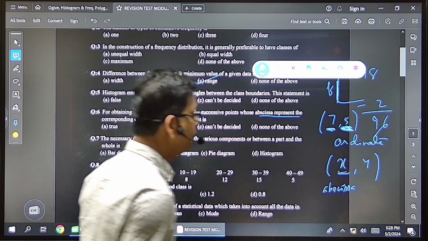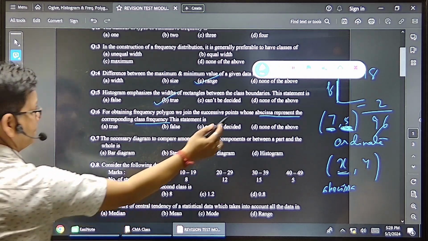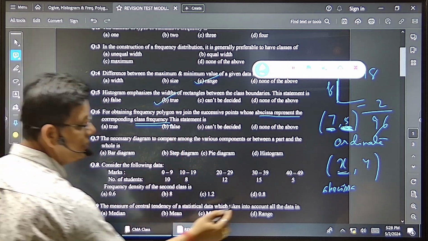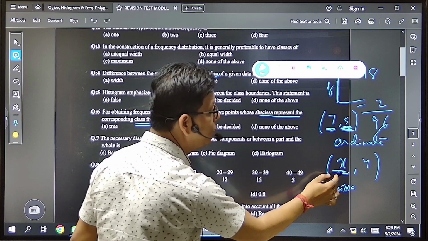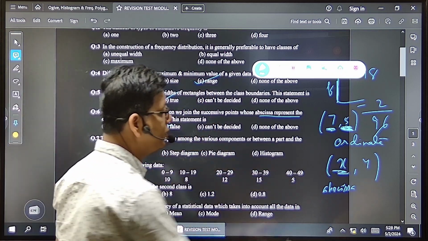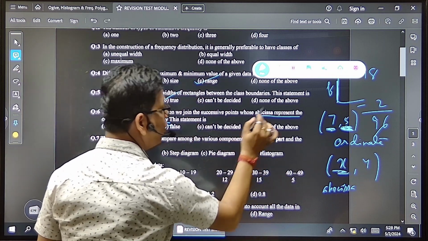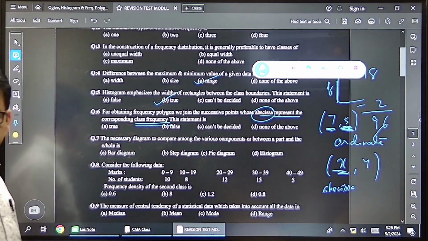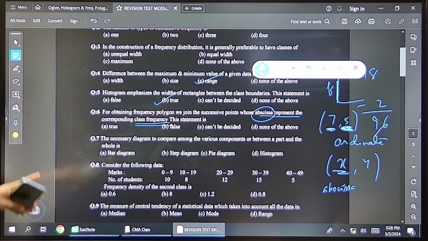So they said the abscissa represents the frequency, which is wrong. It should be that the ordinate represents frequency, then it is true. Is it okay? X is the class mark.